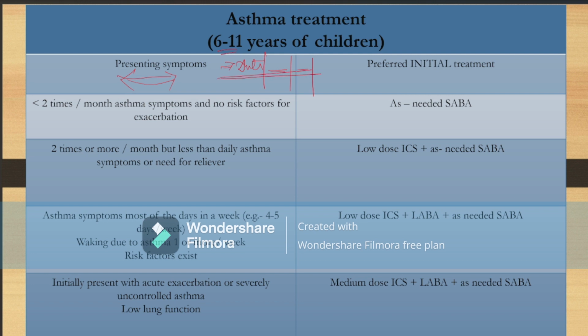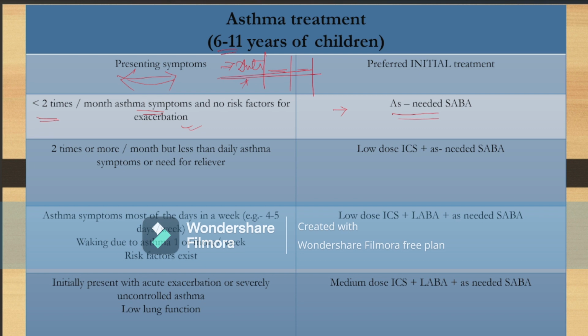After that, we have to give the patient therapy based on this diary. If any patient has asthma symptoms less than 2 times in a month, or along with this has no risk factor for exacerbation in the last 1 year, then we give only short acting beta agonist for as-need therapy.